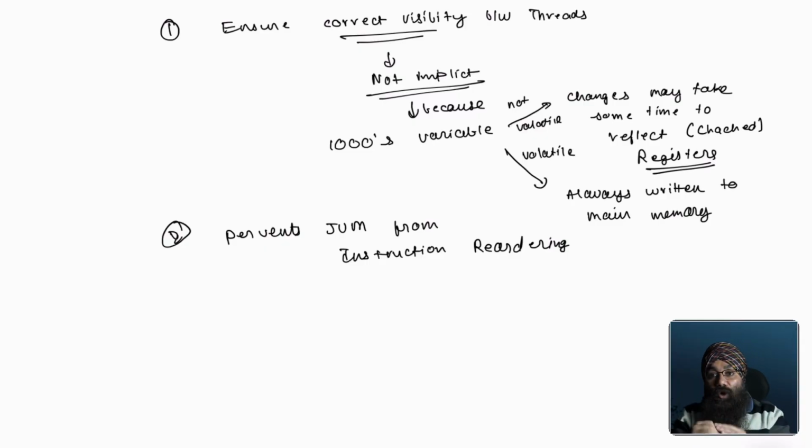So it can change the order to optimize the code, and the JVM generally does it. But if that code involves a volatile variable, then the JVM is not allowed to do instruction reordering. Instruction reordering is done to create more optimized code, and volatile is used to prevent it.